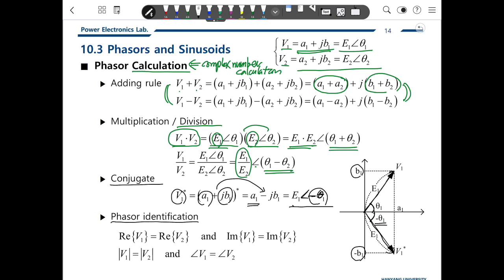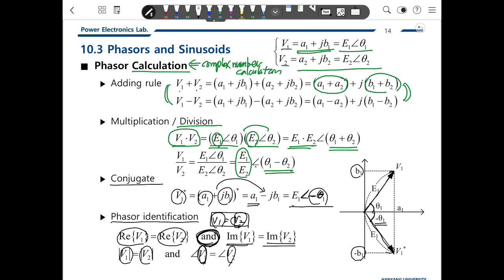Then the last is equality. When you say V1 and V2 are the same, that means the real term of V1 and the real term of V2 should be the same, and at the same time the imaginary values should be the same. In polar form, when V1 and V2 are the same, the magnitudes of V1 and V2 are the same, and at the same time the phases of V1 and V2 should be the same.